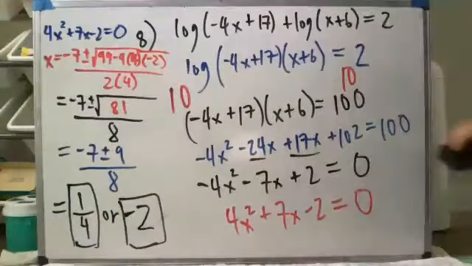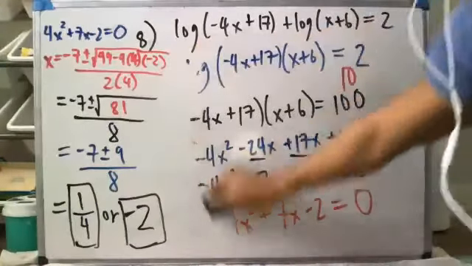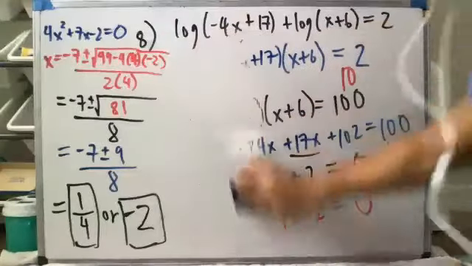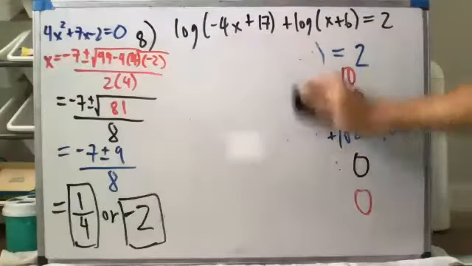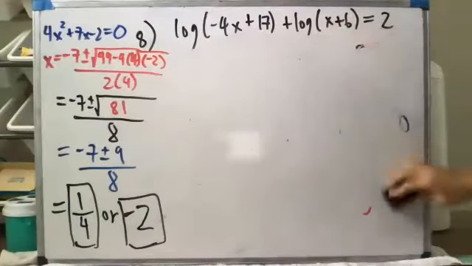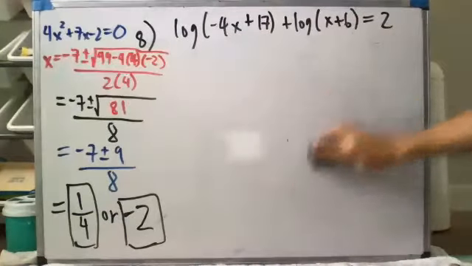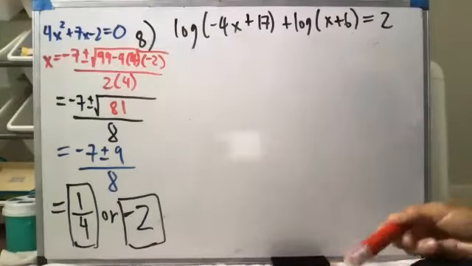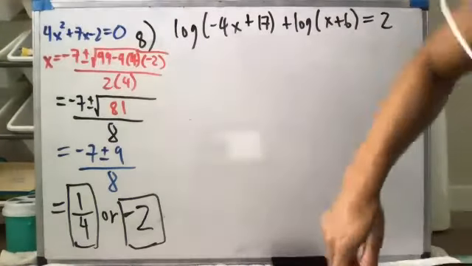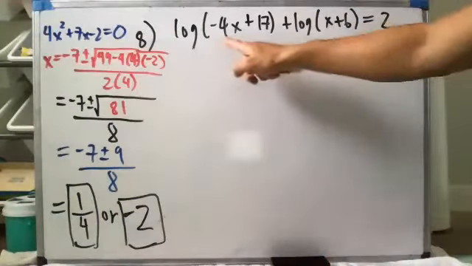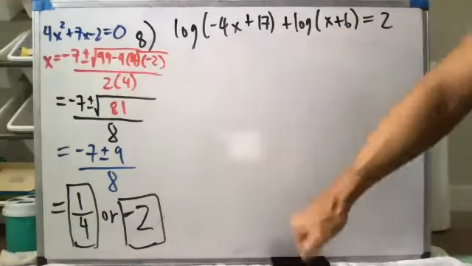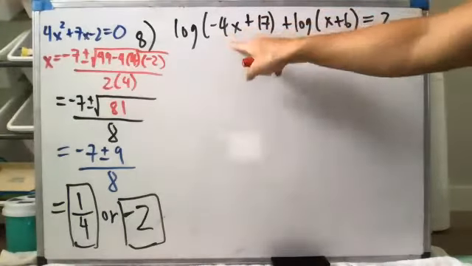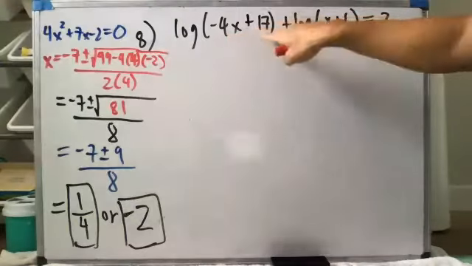So last step, I'm going to come back to the beginning and look at my function, and see what happens if I plug in 1/4 and if I plug in negative 2. I'm not going to work out all the details, I'm just going to look at whether it's positive or negative. I'll do 1/4 first. Here it becomes negative 1 plus 17, which is positive.